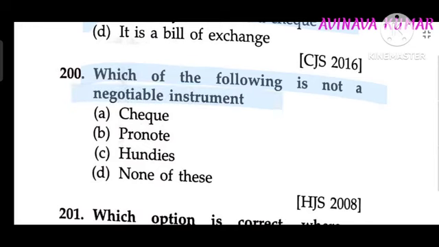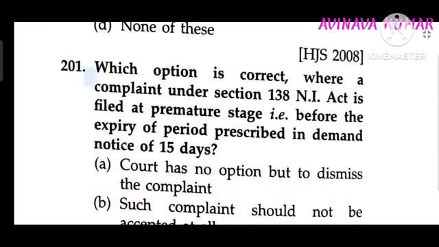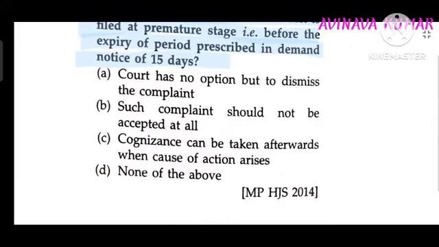Which one of the following is not a negotiable instrument? Hundis. Which option is correct where a complaint under section 138 of the Act is filed at a premature stage before expiry of the period prescribed in the demand notice of 15 days?